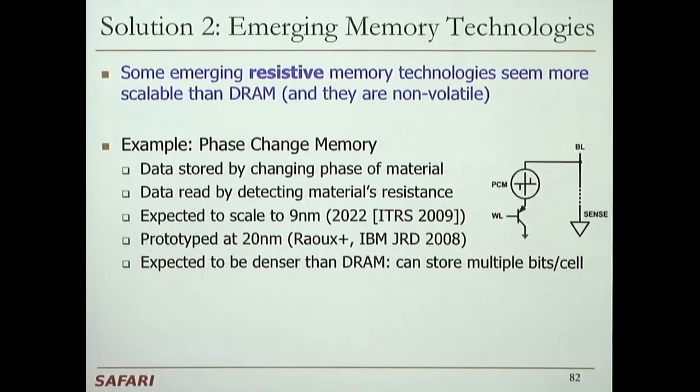And it's expected to scale to much smaller nanometers than DRAM is expected to scale because this scales well. And you can read the papers as to why it scales well. We're not going to go into the circuit or device theory, actually, over here. But this is a beautiful paper that I recommended earlier by Raoux from IBM, Journal of Research and Development. It's a beautiful journal, actually. It's still published, but I think it's not available online fully.